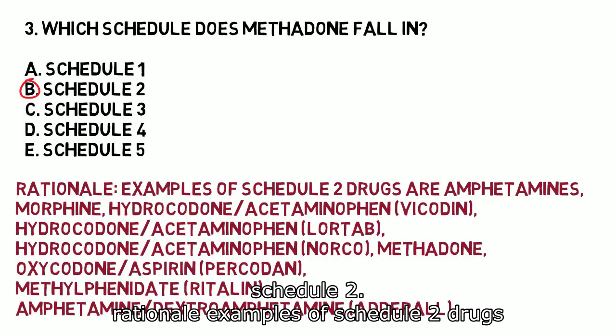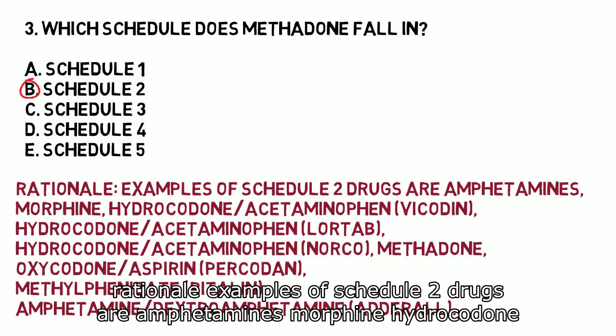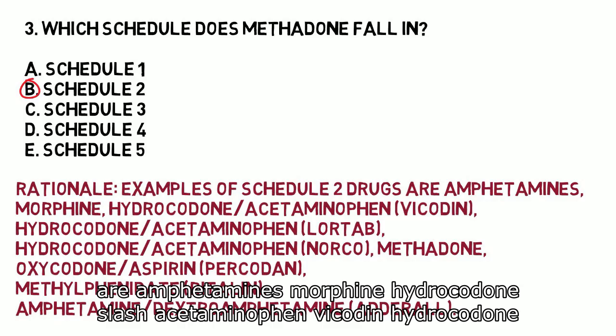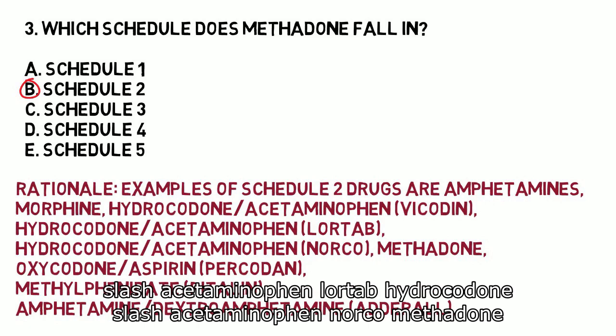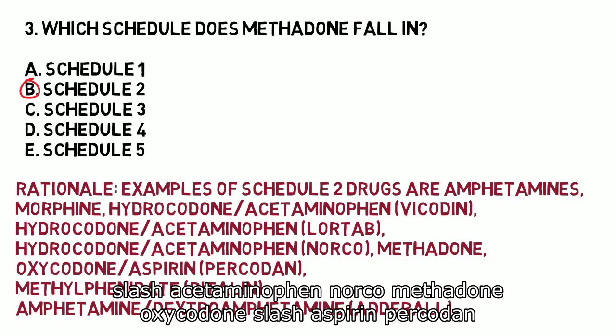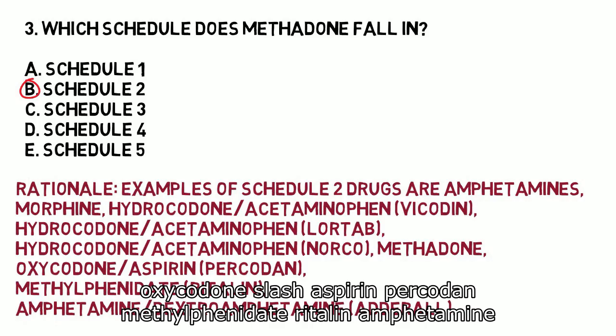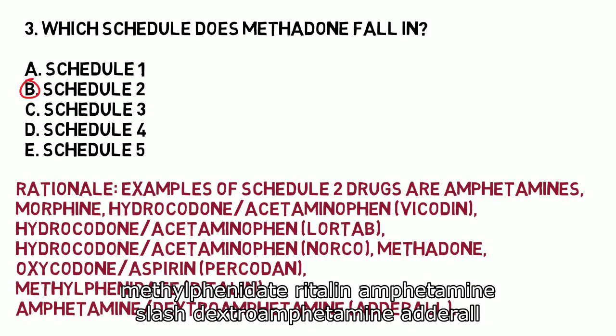Rationale: examples of Schedule 2 drugs are amphetamines, morphine, hydrocodone/acetaminophen, Vicodin, hydrocodone/acetaminophen, Lortab, hydrocodone/acetaminophen, Norco, methadone, oxycodone/aspirin, Percodan, methylphenidate, Ritalin, amphetamine/dextroamphetamine, Adderall.